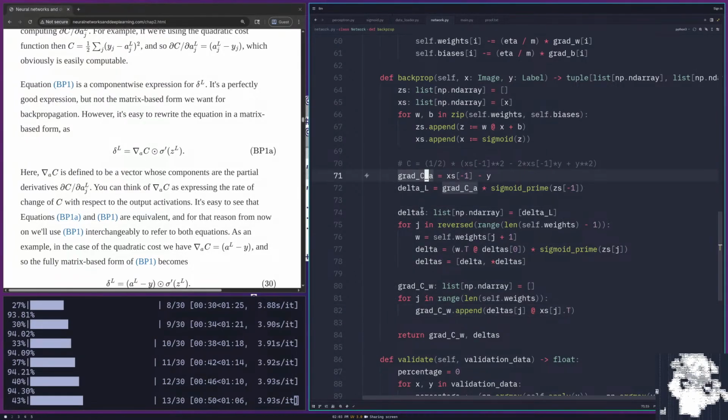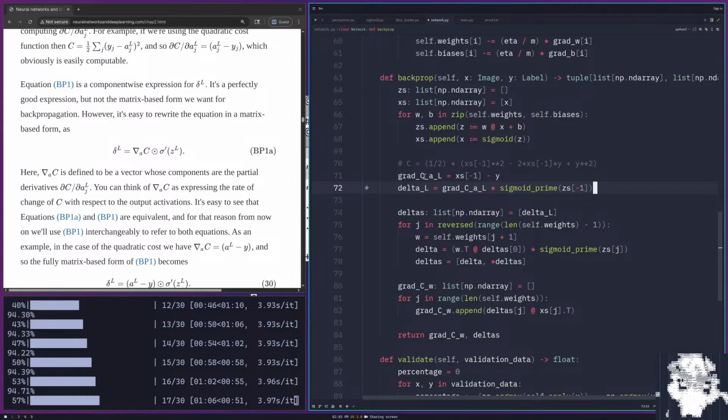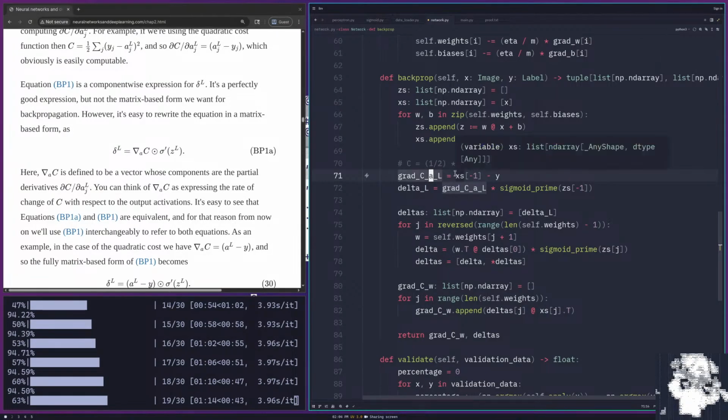So for example, grad C A, this should be of L. So this is the last layer's gradient with respect to A, is the derivative of the cost function.